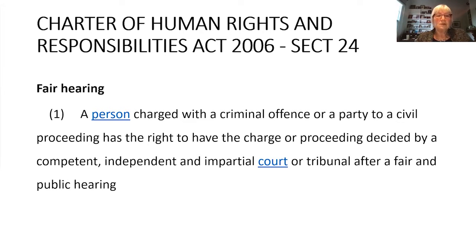These include several of the rights which would already exist under common law but are now incorporated in the Charter of Human Rights and Responsibilities Act, including the right to be presumed innocent until proven guilty, that you must be informed by the law enforcement agencies of what the charges are against you as quickly as possible, and that you have the right to have your conviction or sentence reviewed, that is appealed, that you can have the right to appeal.